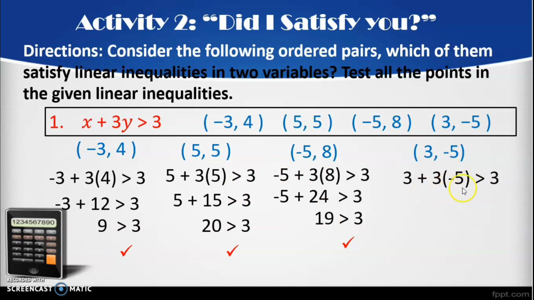So, 3 plus negative 15, which is negative 12. Negative 12 greater than 3 is a false statement, meaning 3 and negative 5 is not a solution to the inequality x plus 3y greater than 3.